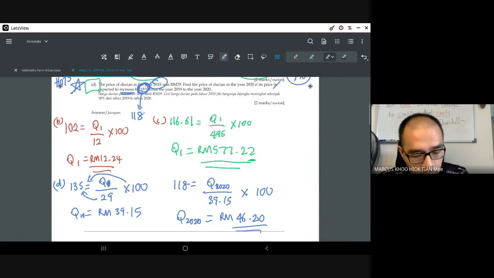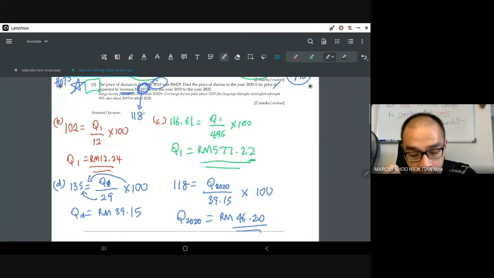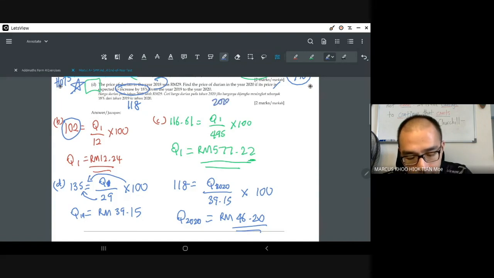So everyone, this question D is a little bit challenging. You have to know what it means when I say the word increase by 18%. Increase by 18% means the composite index is 118, because that is what composite index means. If composite index is 102, it means from 2018 to 2019 it increased 2%.